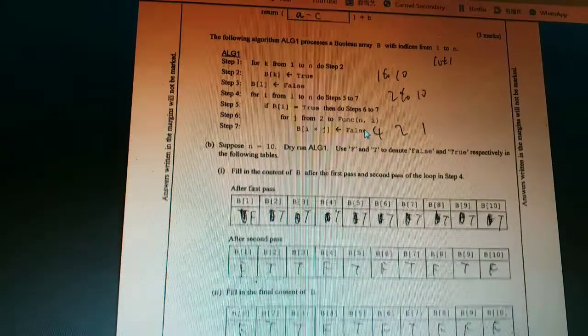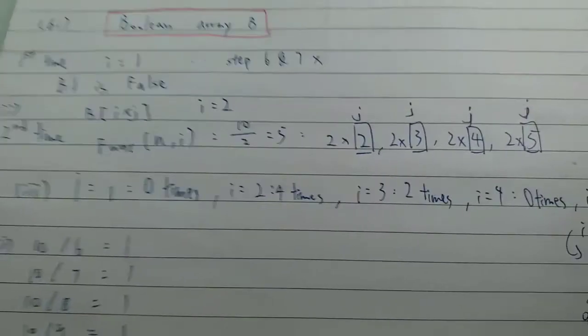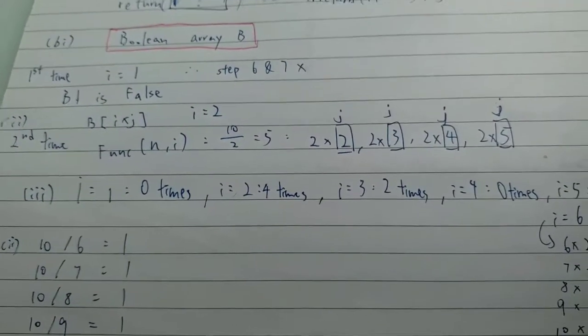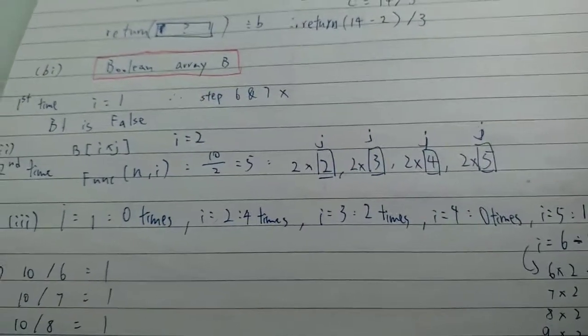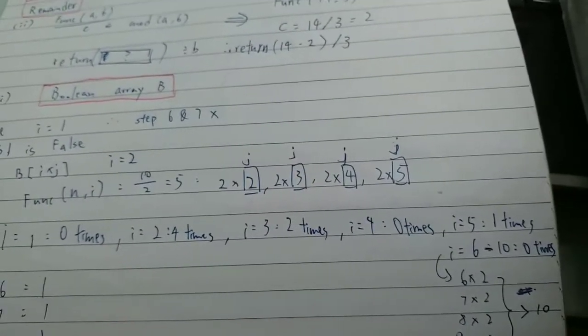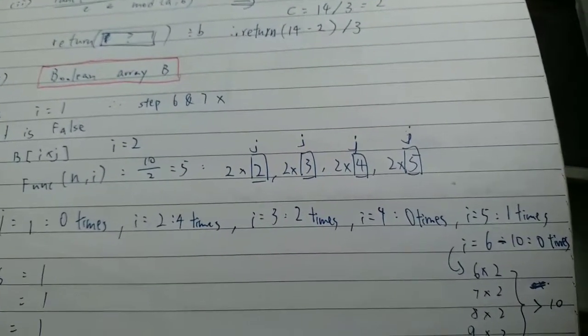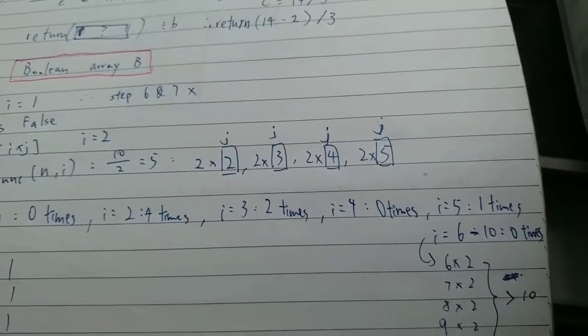When I equals 1, step 7 will execute 0 times. When I equals 2, it will be 4 times. I equals 3 will be 2 times, and I equals 4 will be 0 times. I equals 5 will be 1 time, and I equals 6 will be 0 times also.